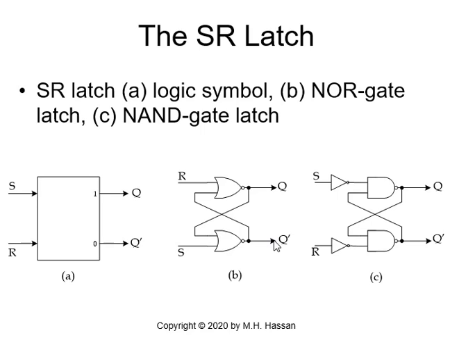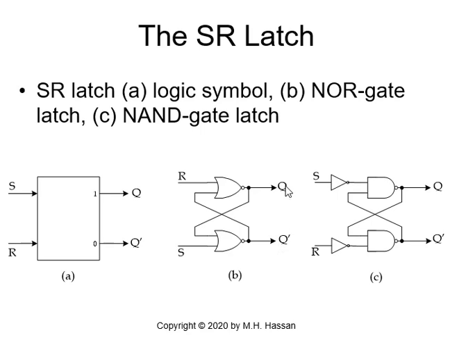So in the upper NOR gate, we will have 0 NOR 0, and you will get 1. So Q plus will be 1. It was 1 and it will remain 1. Now the lower NOR gate, 1 NOR 0, we will get 0. So Q plus prime will remain 0.